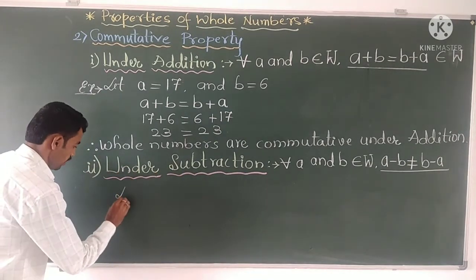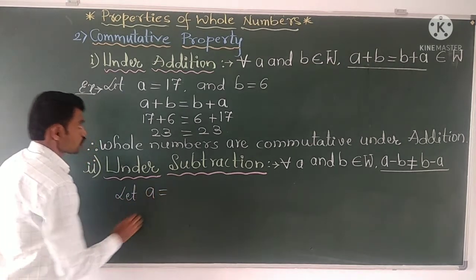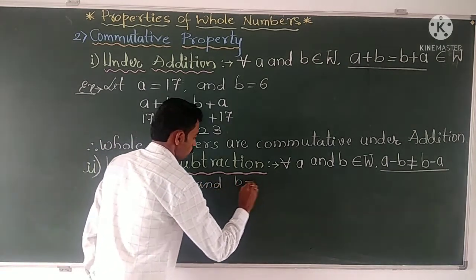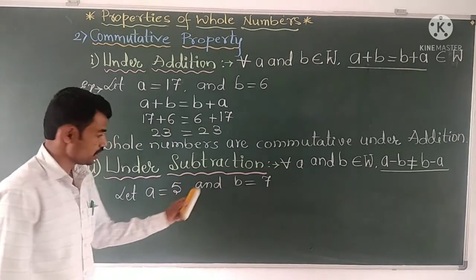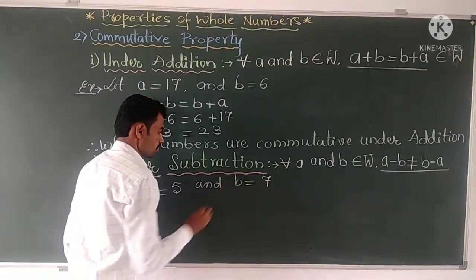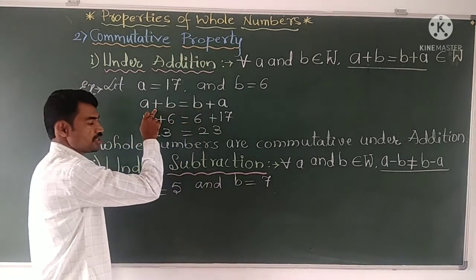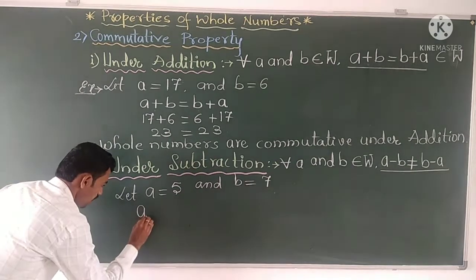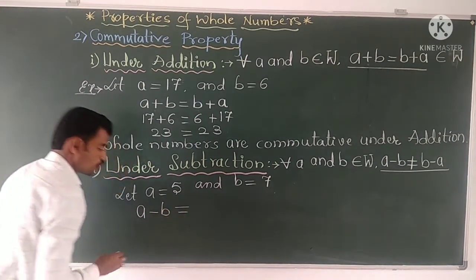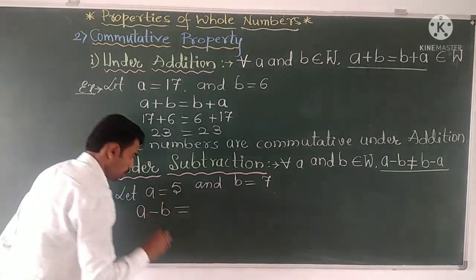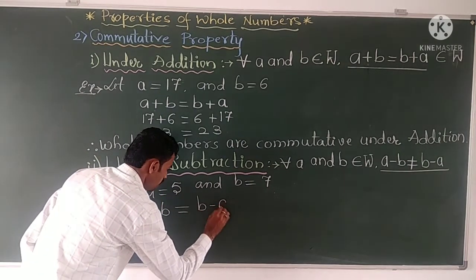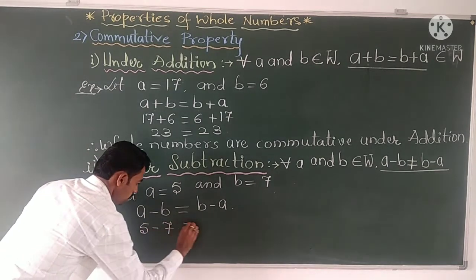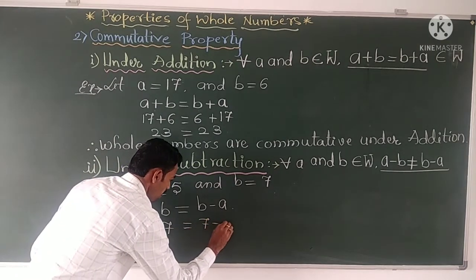Let A equal 5 and B equal 7. Both are whole numbers. Then we have to apply this condition. This was for addition, and for subtraction we use this condition: A minus B, to check whether they are equal or not, and B minus A. A minus B is 5 minus 7, which is not equal to 7 minus 5.